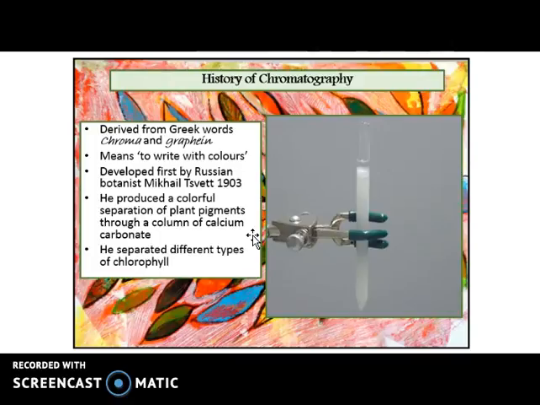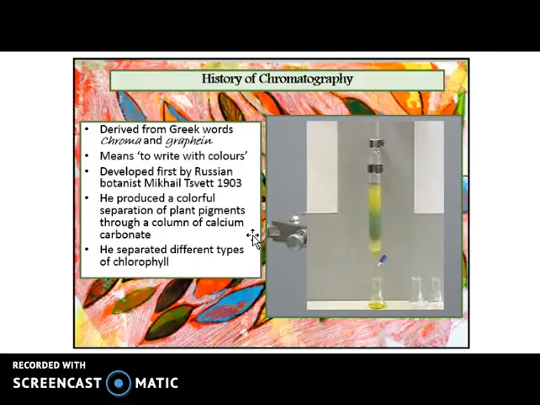He first separated the pigments in chlorophyll extract. He used calcium carbonate as his stationary phase and petroleum ether as his mobile phase. So these are the results that he got at the end of his experiment. He found out that there are other pigments in chlorophyll extract.